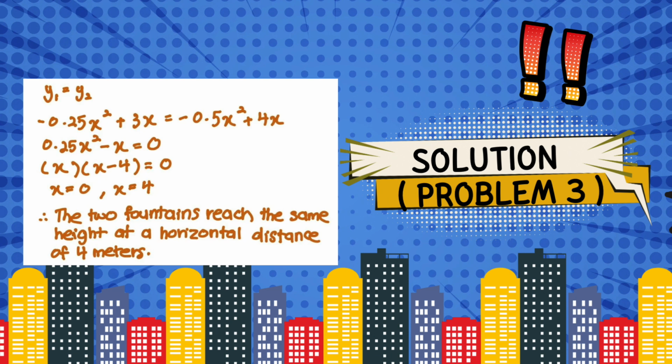And then we factorize and we got the first bracket is x and the second bracket is x minus 4. And then don't forget to write equals 0 after the brackets. And then we get the answer x equals 0. And then we get the second answer x equals 4. So the two fountains reach the same height at a horizontal distance of 4 meters.